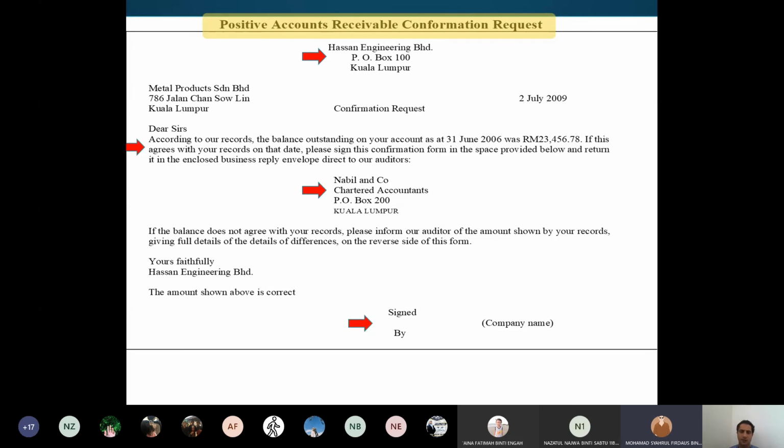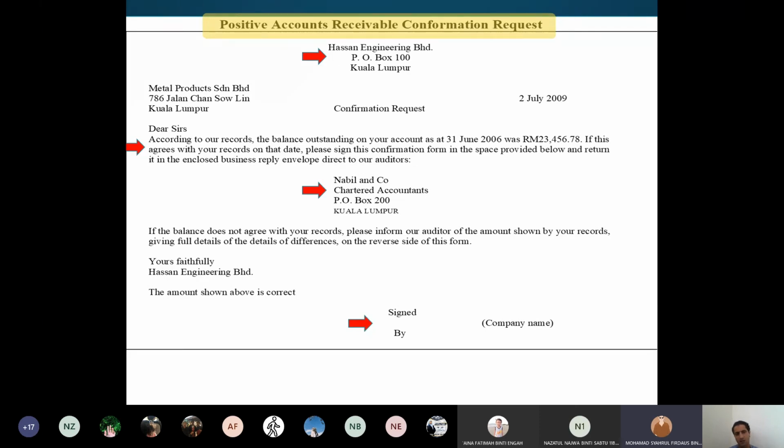Does it agree with your records on that date? Please sign the confirmation form in the space provided below and return it in the enclosed business reply envelope direct to our auditors.